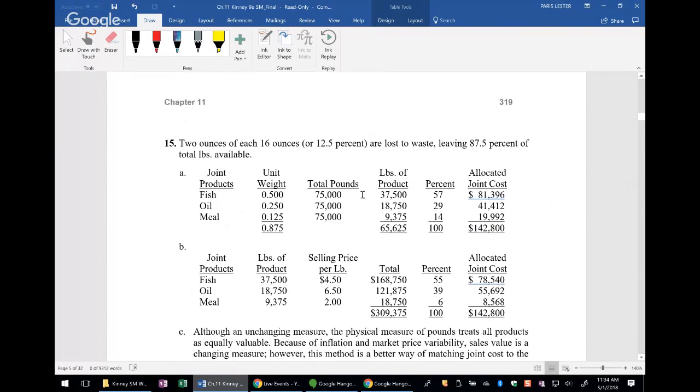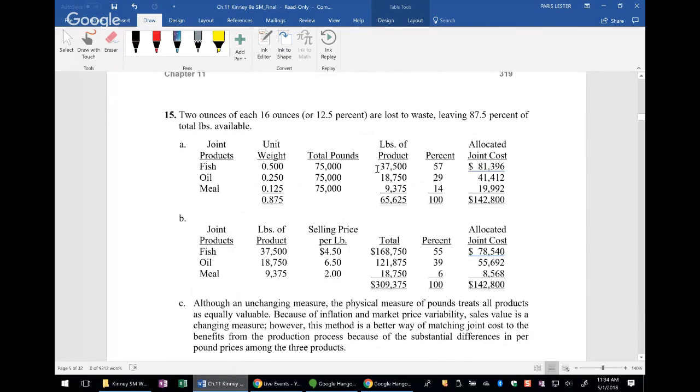All right. Now, pounds of product, was this given? All right, where did the 75,000 pounds come from? He gave me 37.5. He had it times by 2,000. About 2,000 pounds? Yeah. All right.